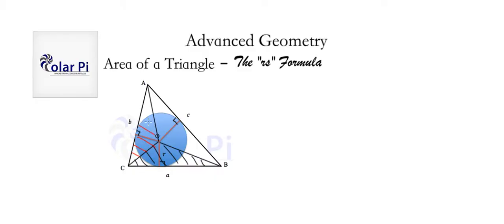And the third triangle is green, triangle OBA. Now the black triangle plus the red triangle plus the green triangle have to equal the area of triangle ABC. So let's write that down.